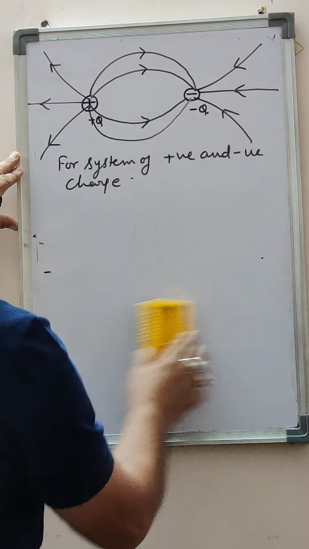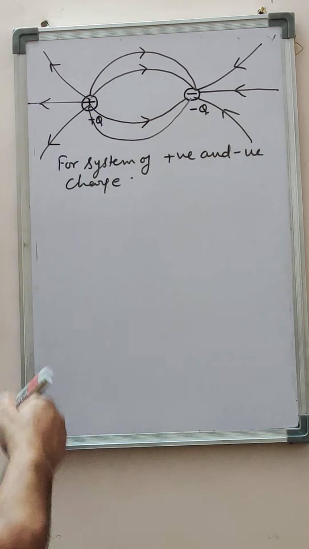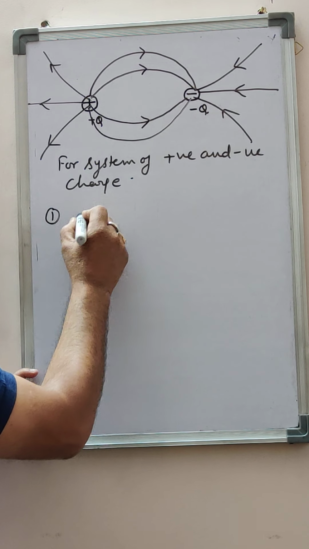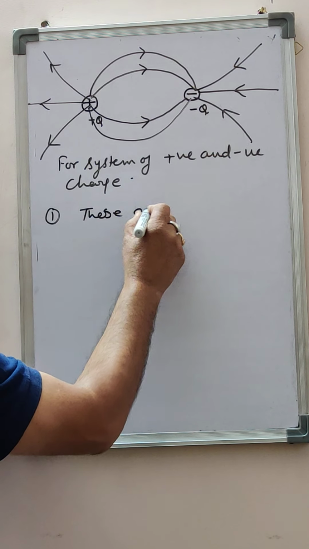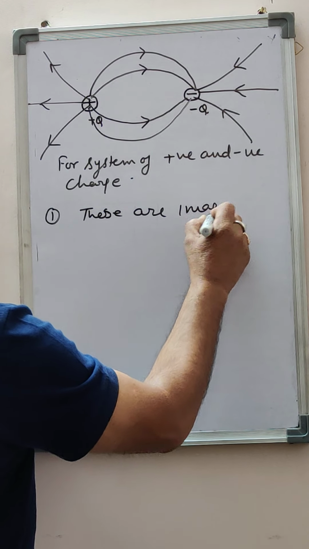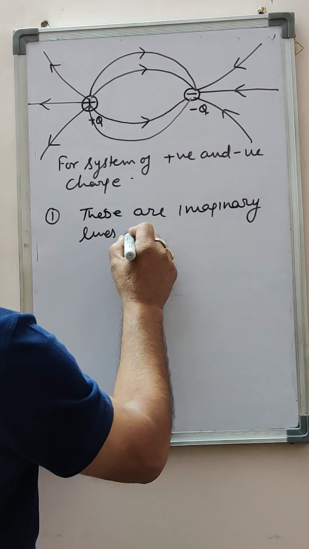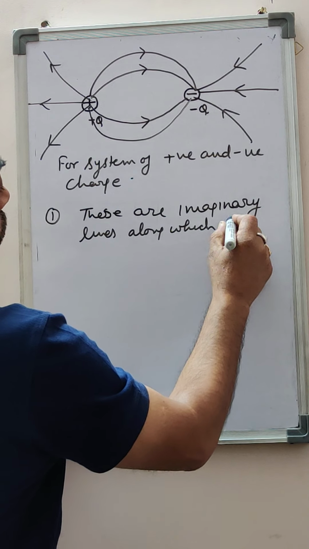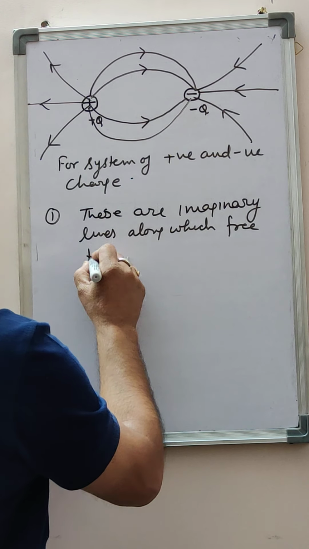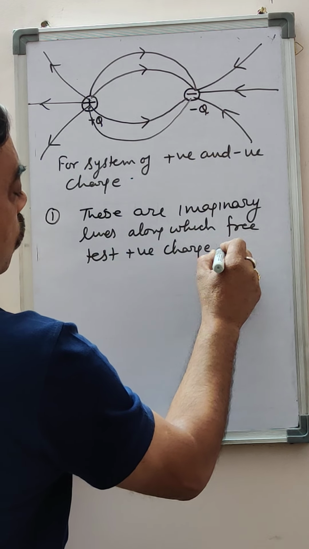Now we take the properties. These are imaginary lines along which free test positive charge will move.